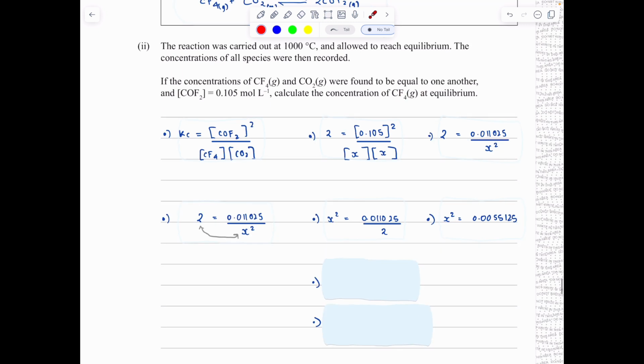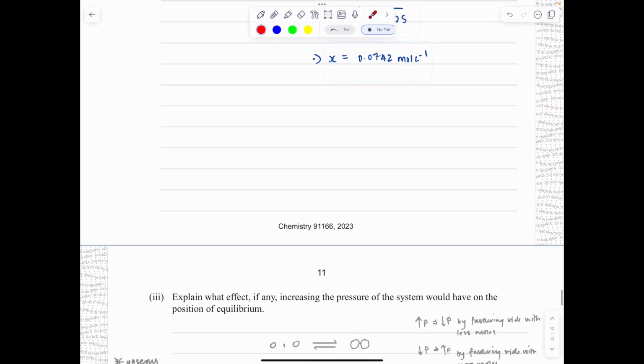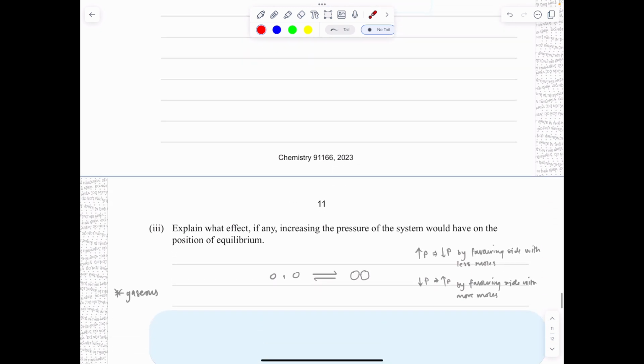So the way we get rid of the squared is by square rooting the answer. And then when we pop that in our calculator, it is 0.0742 moles per litre. I've done that to 3 significant figures. These zeros aren't considered significant, so I have to write these. And I've included units.